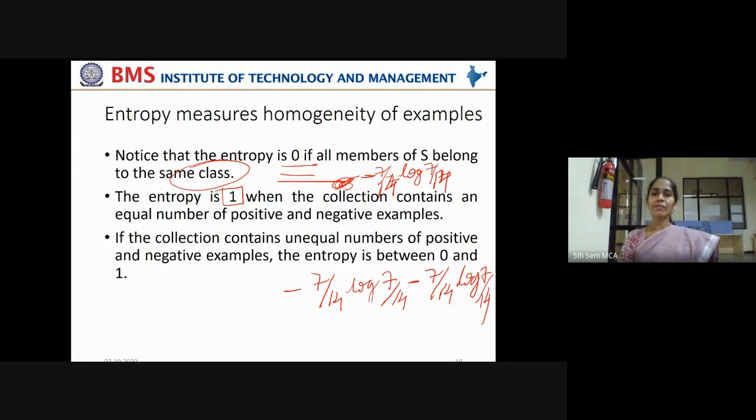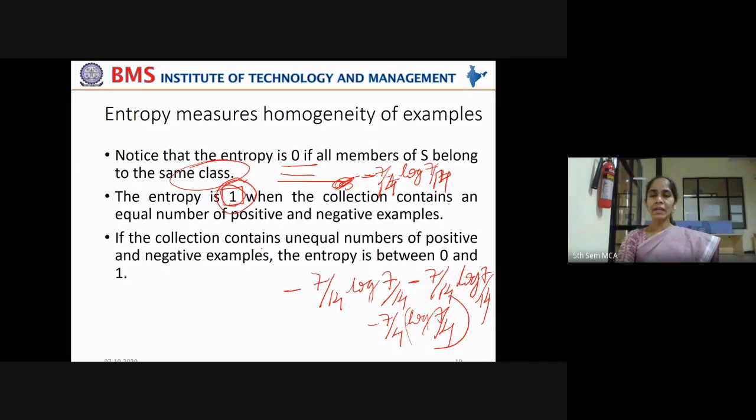If you have an equal number of classes, you can just take this value common, and that will result in 1. So when the collection contains an equal number of positive and negative classes, this will be 1.